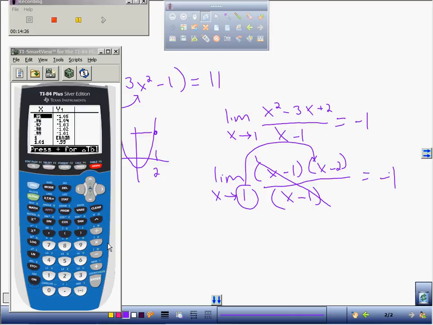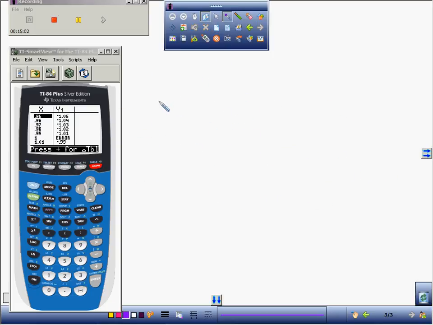Okay. So then I want to talk about some other things. I already talked about limits that don't exist and holes in the graph and stuff like that. Let's talk about piecewise functions. So with limits, a lot of times you will see things that look like this.